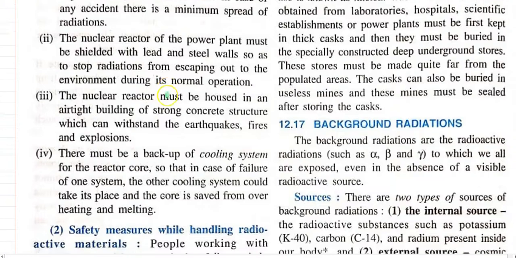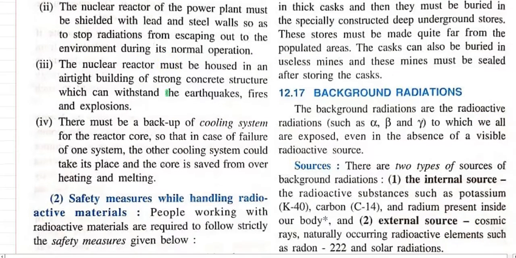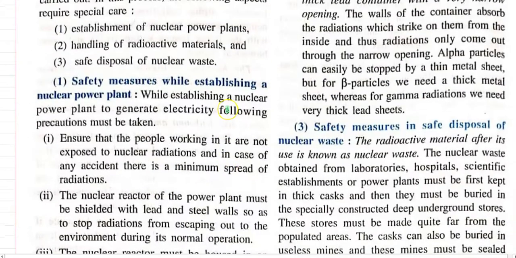You have to take some safety measures. In a power plant a large amount of heat is produced, and that is why we have to cool it by using water, and this cooling system must be perfect, because due to a faulty cooling system there is a large probability of the power plant blasting. Okay.